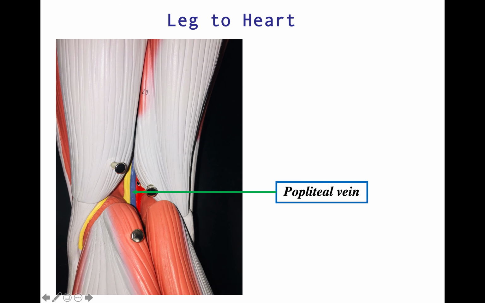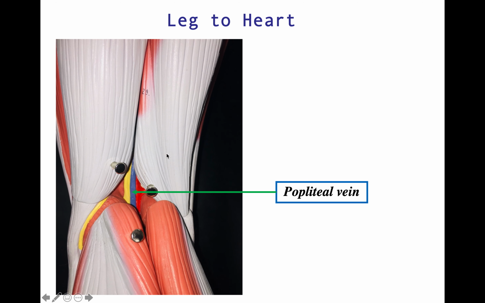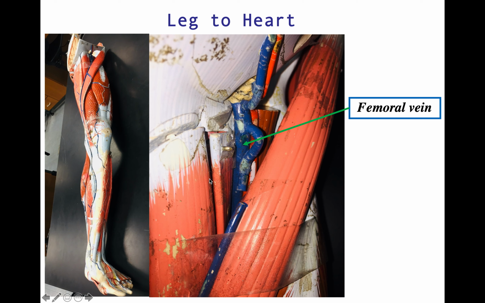We're going to go behind the knee now. So we're going to go back here from this perspective, behind the knee. Well, there's the popliteal vein in blue behind the knee. Okay, it's a deep vein, so you don't see much of it because most of it's in the thigh here. But I'm showing you in this picture right here.